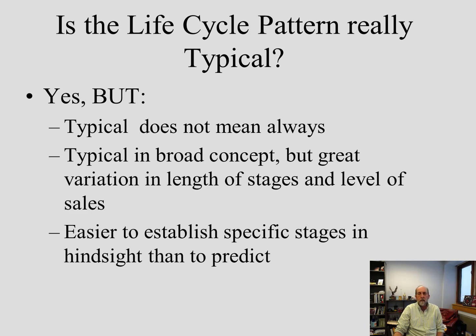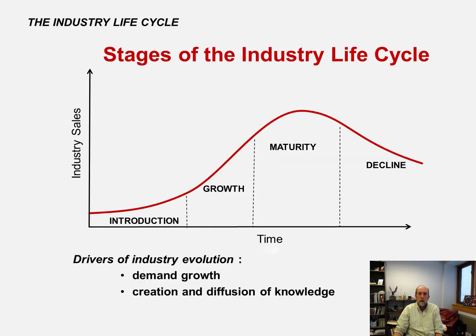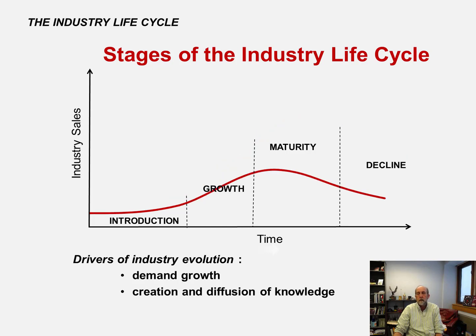And there's this reality that a life cycle pattern can much more easily be drawn in hindsight, when we can go back and look at historical changes in the level of sales and the number of firms, than it can be predicted looking forward. So, while the typical drawing is something like this, there are industries with great variation, so it might look something like this, where it flattens out sooner.